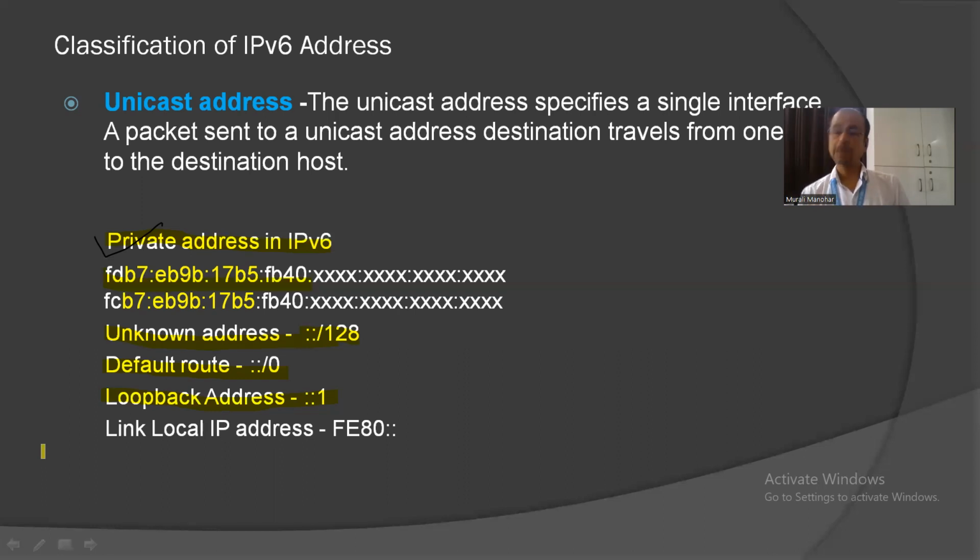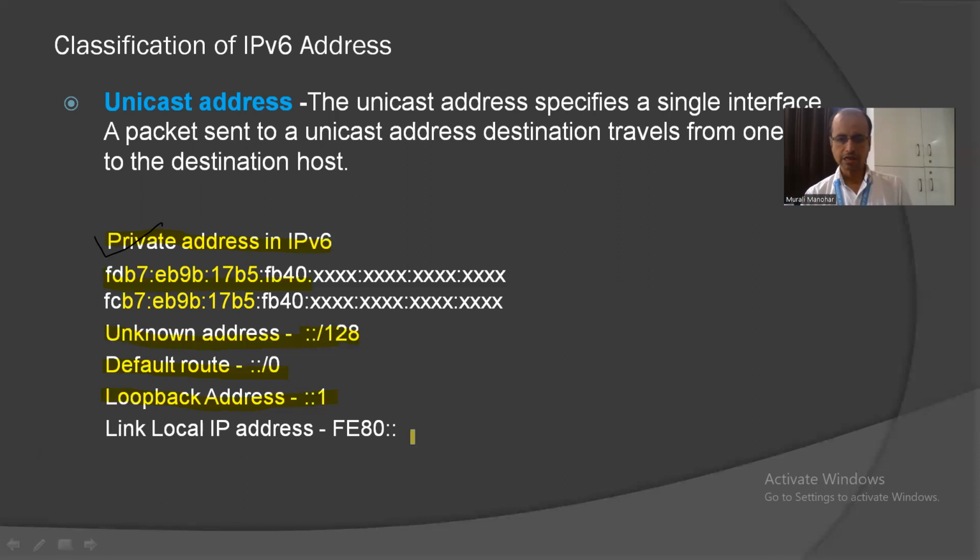All nodes in a network generate such an address, and it always starts with FE80. With this address, nodes cannot transfer data from one node to another. This is just for identification of nodes in a network. This is about unicast address in IPv6.